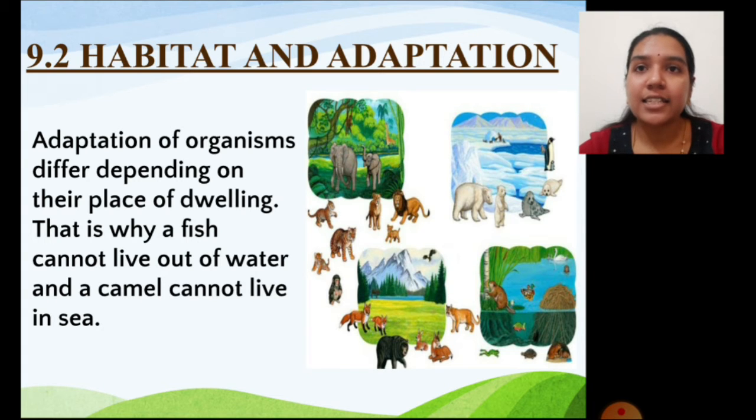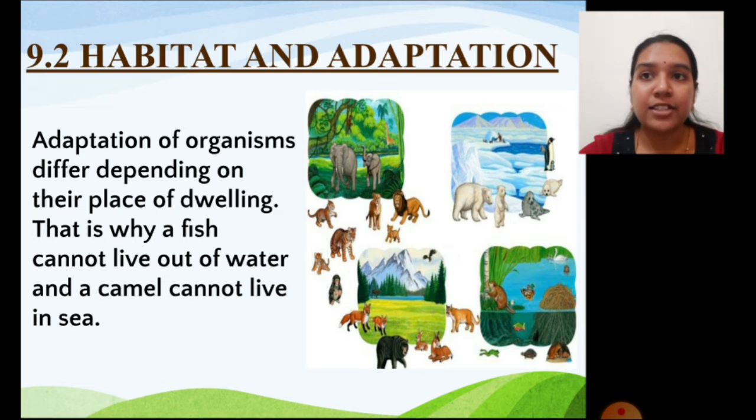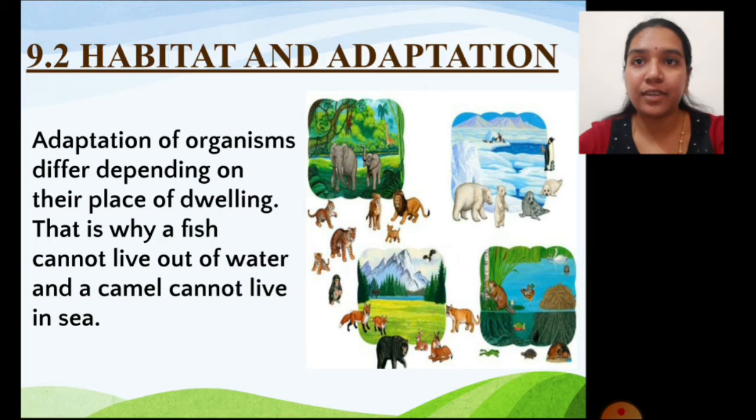We learned that there are a variety of habitats. The two major habitats explained are terrestrial habitats and aquatic habitats. And the adaptations of an organism differ and depend on the place they actually live in.